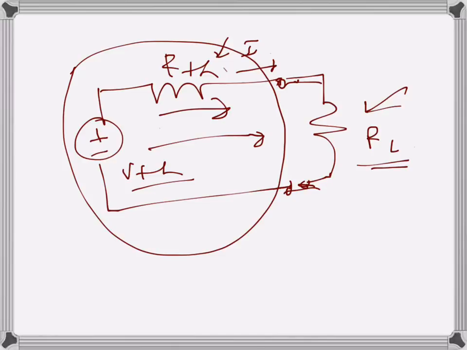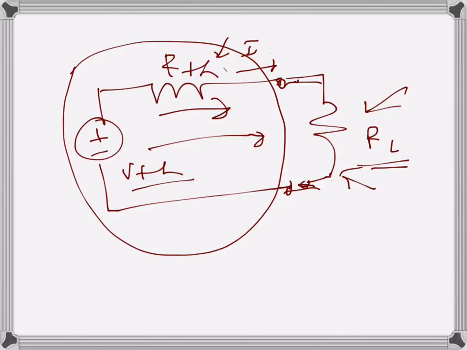So that's the open circuit voltage, which is the maximum possible voltage that the network can offer to a load. Similarly, the short circuit current is the maximum possible current that the network can offer to a load when the load is minimum. When we are talking about voltage, the load is 0 because it's not connected.